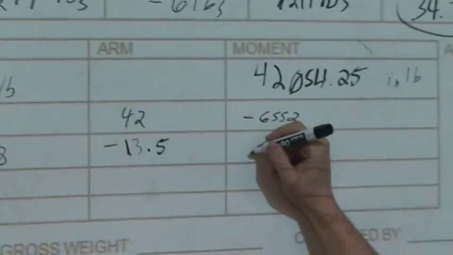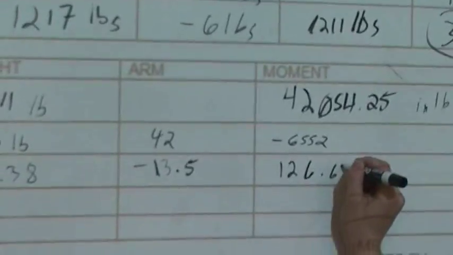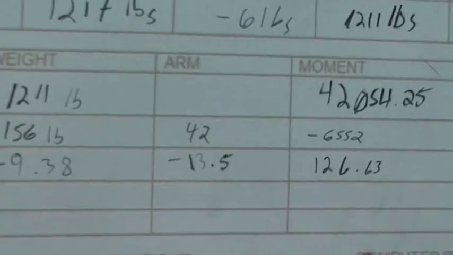So now everybody knows when the arm is minus and plus because of the relationship to the datum. With a moment of 126.63, and your minus gives you a plus.